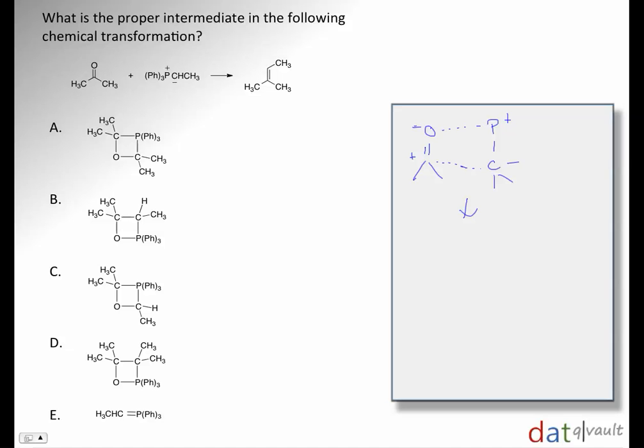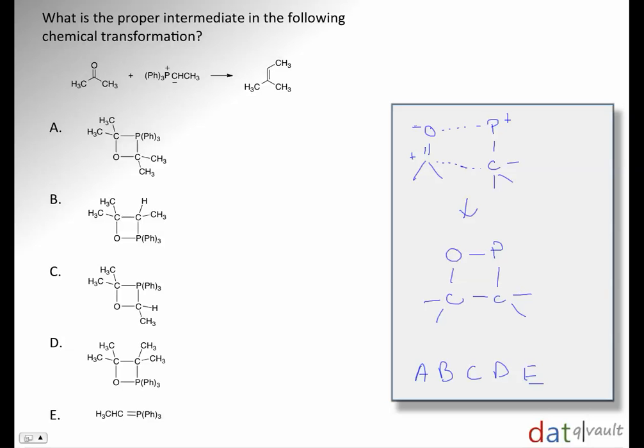If we want to draw this out in a simpler form, it's going to look something like this for a four-membered ring, and then the carbons are going to have their substitutions on them.